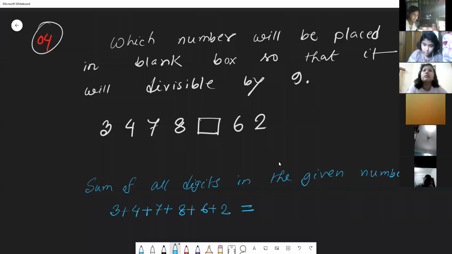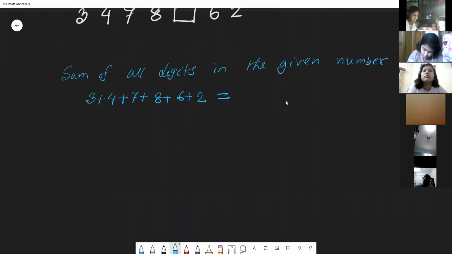What will be the sum? Is it 22? I know it's not 22. It's more than 22. Please do the addition again. Yes, 30. 3 plus 4 is 7, 7 plus 7 is 14, 14 plus 8 is 22, and 22 plus 8 is 30. Answer is 30.